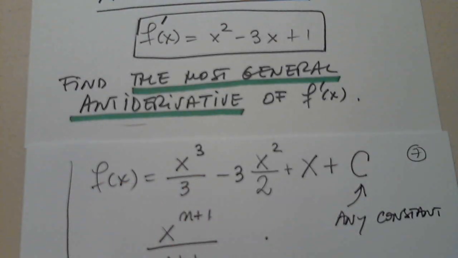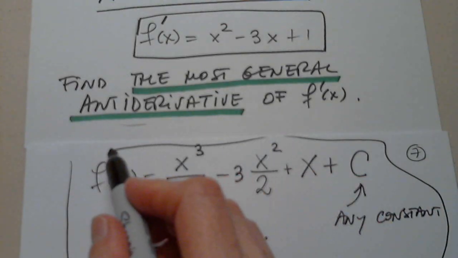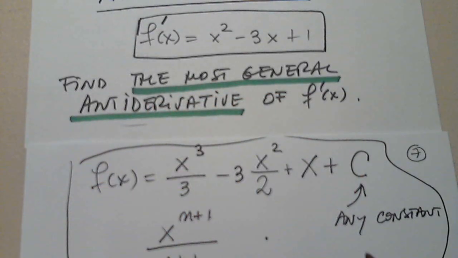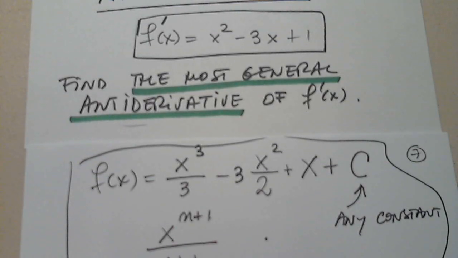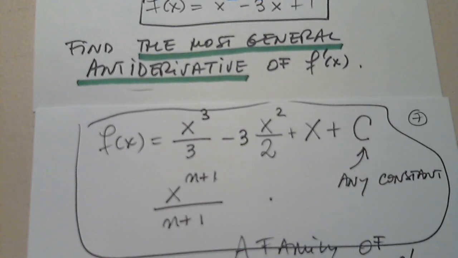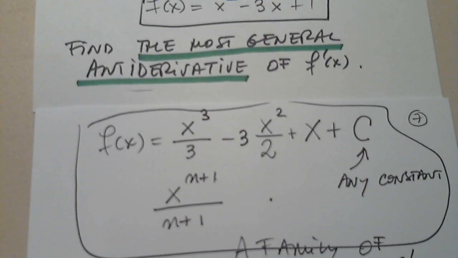And of course, all this is called the most general antiderivative, or it's a family of functions whose derivative f prime of x is x squared minus 3x plus 1.